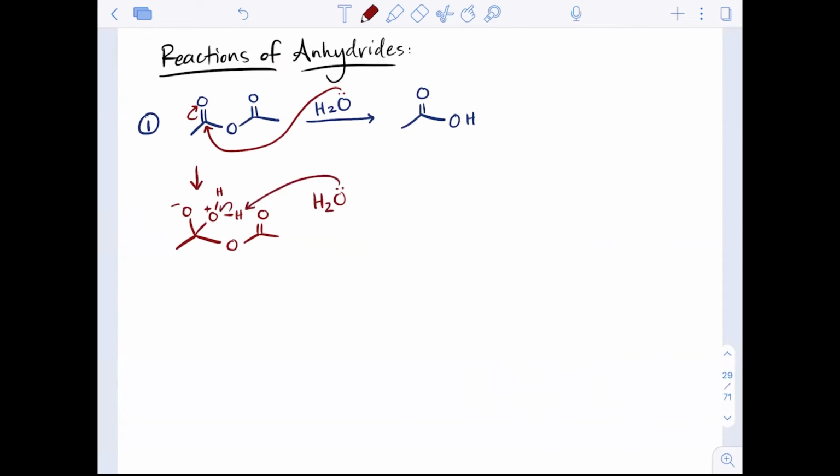All right, now we're going to use the second equivalent of water to be a proton transfer reagent. That proton transfer is going to take the proton away from what was the nucleophile and give it to the oxygen sandwiched in the anhydride.